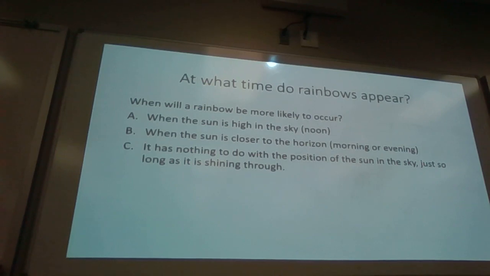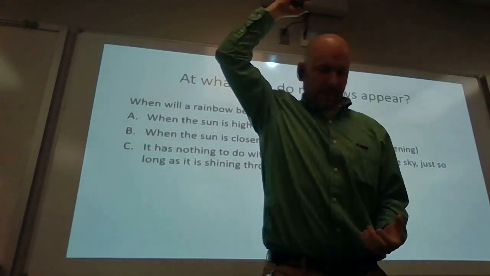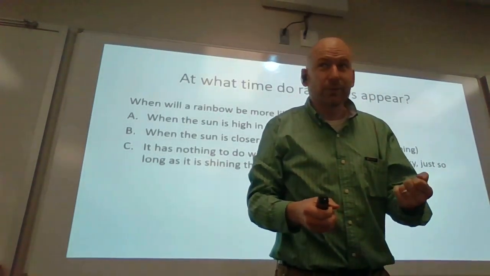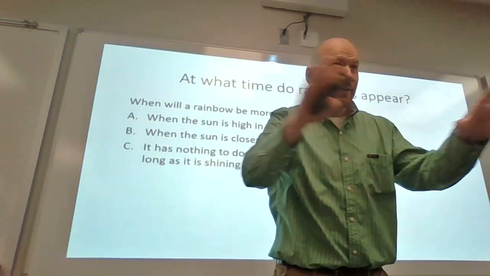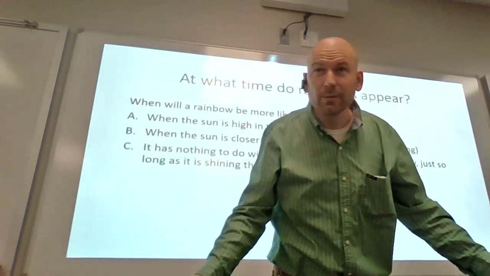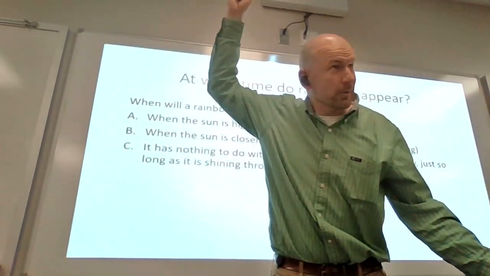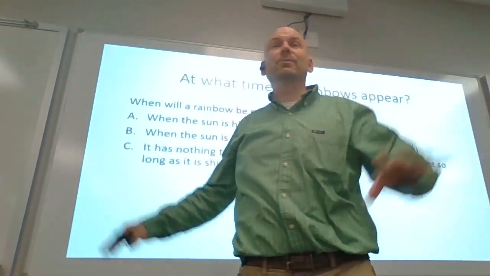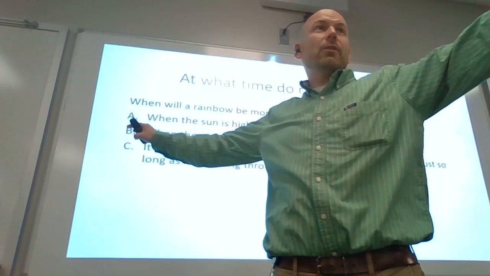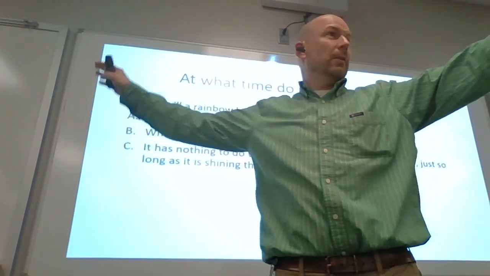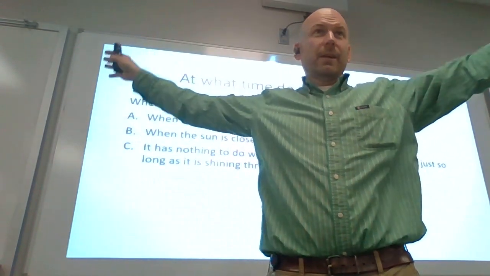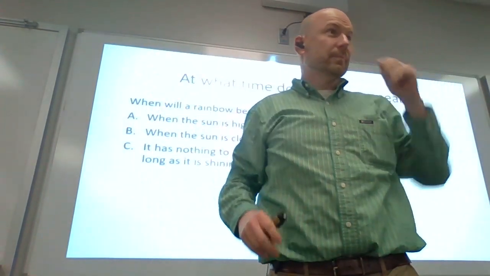The only place you're going to see a rainbow then is if you are looking down and you have your hose or sprinkler, where the sun's behind you. Does that make sense? So the only time you'll see a rainbow in the sky is when the sun's at the horizon in the morning or in the evening. The lower it is on the horizon, the higher the rainbow will be in the sky. Good with that?